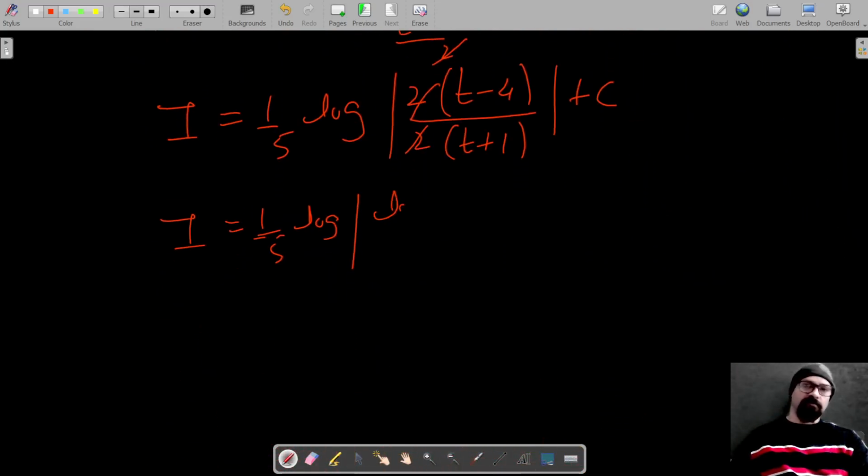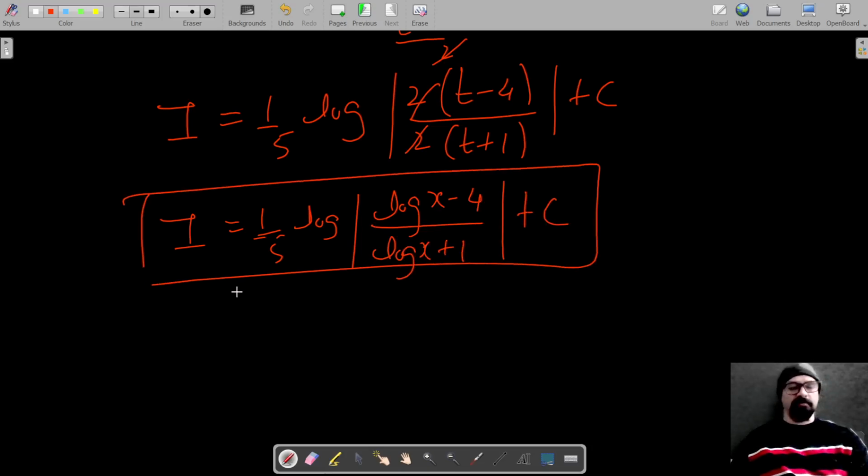So this is now log x minus 4 upon log x plus 1 plus c. This is the answer. So I is equal to 1 by 5 log of x minus 4 upon log of x plus 1 plus c.